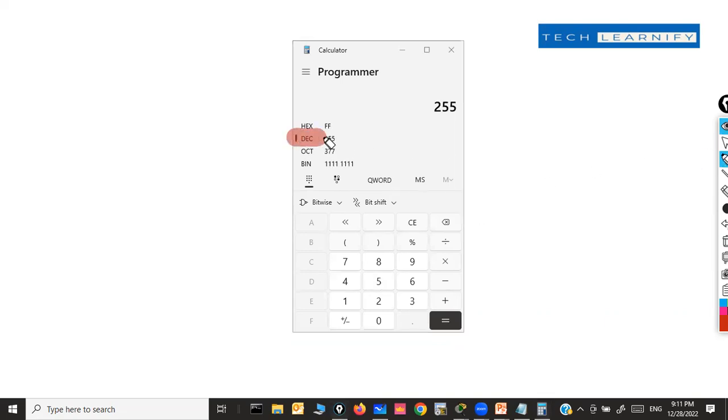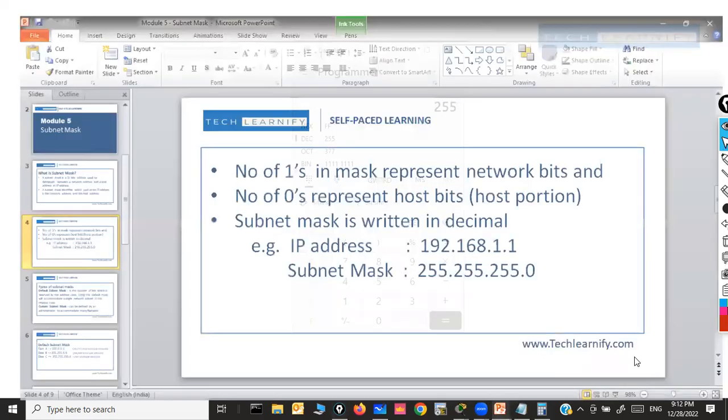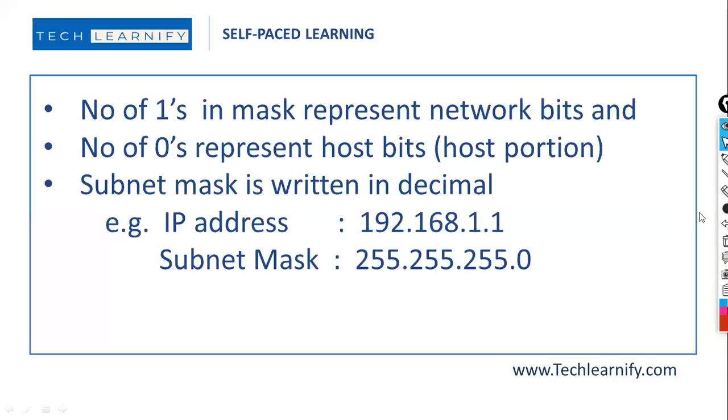So 255 decimal is equal in binary to 4 times ones and then again 4 times ones, right? So the decimal representation 255 means 8 times ones. So what happens in a subnet mask, the number of ones is counted.